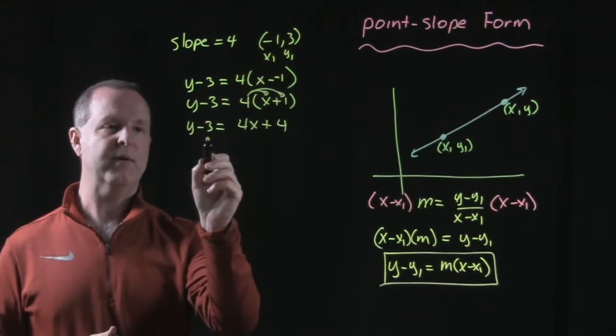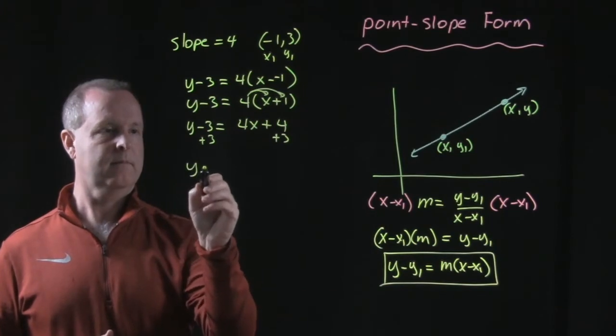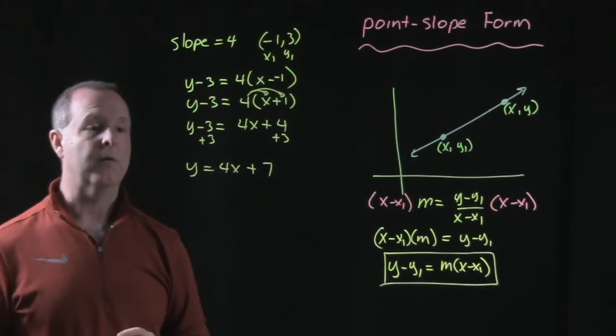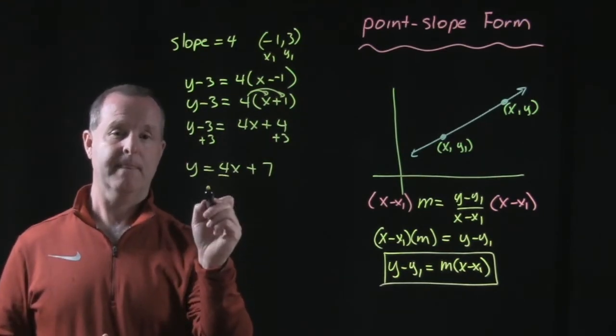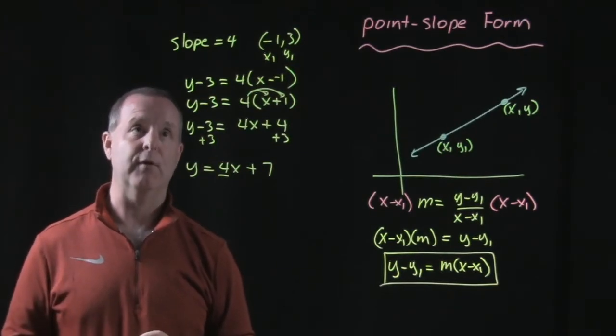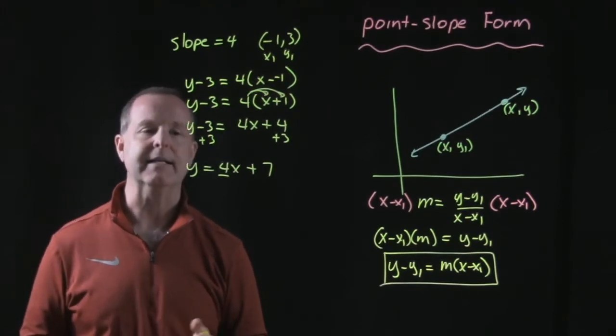And then let's add 3 to both sides. So there's the equation of the line that has slope 4 and passes through the point -1 and 3. And if we want to, we could graph that fairly easily.